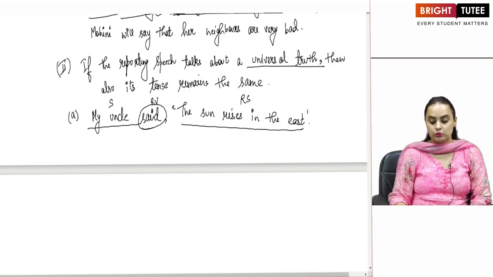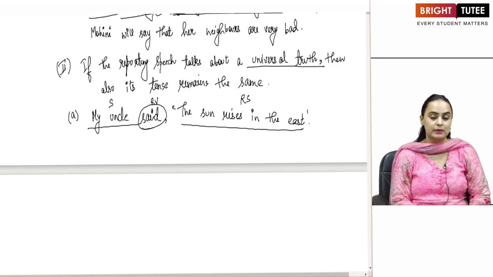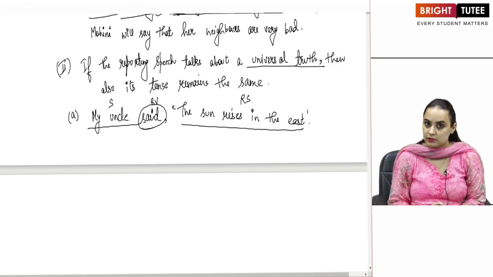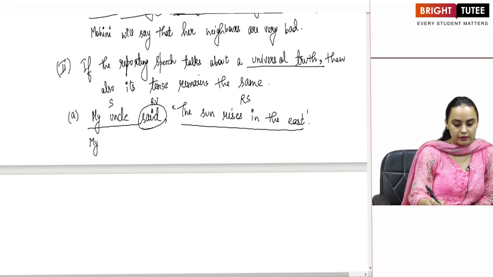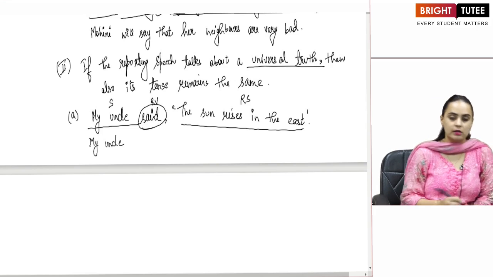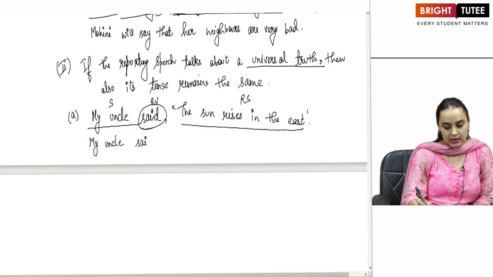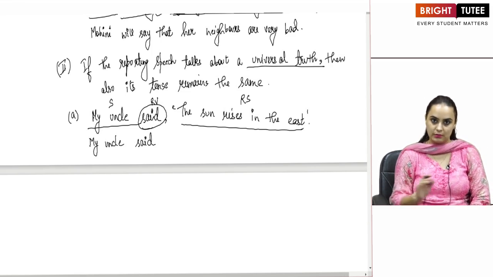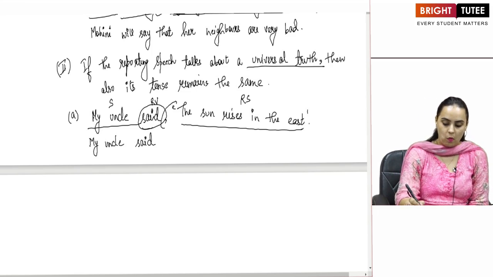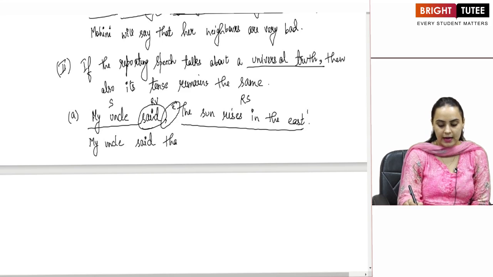Like I told you, the reporting speech which is written is a universal truth. So my speaker will always remain the same. My uncle remains my uncle. Said, again, the reporting verb, will remain the same. We remove the double inverted commas and we write that.